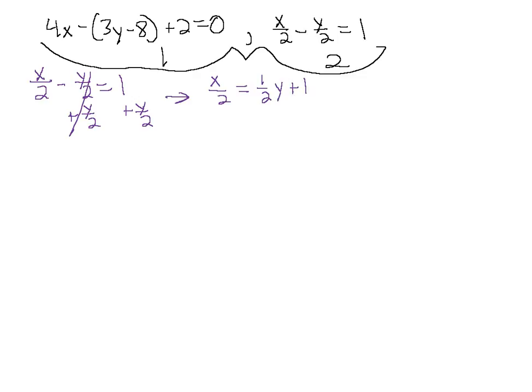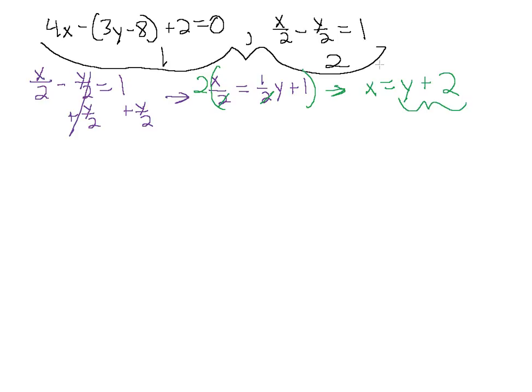Now we can isolate our variable x by multiplying through everything by 2, which will effectively kill these two denominators. So this is actually kind of simple to solve for. That'll leave us with x on the left-hand side. On the right-hand side, we'll have y plus 2 times 1 is 2, so we'll have y plus 2. All right, so we have our variable x solved in terms of y.